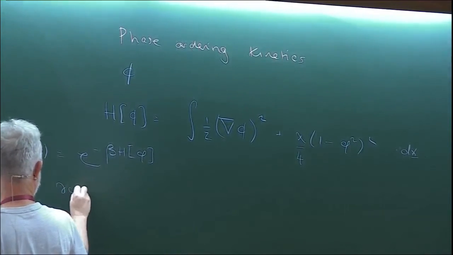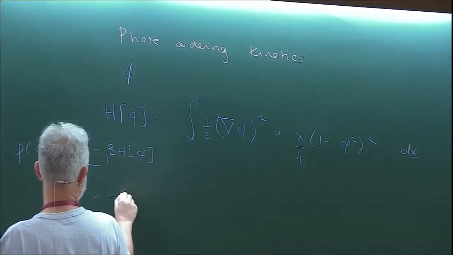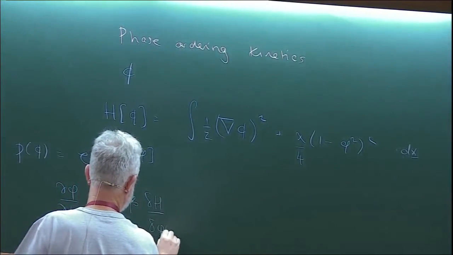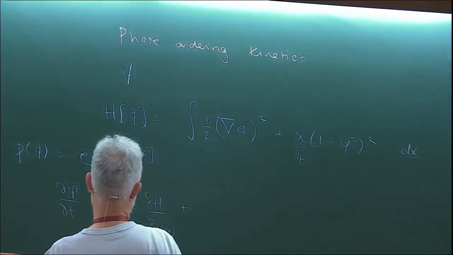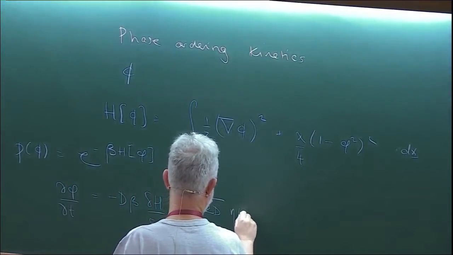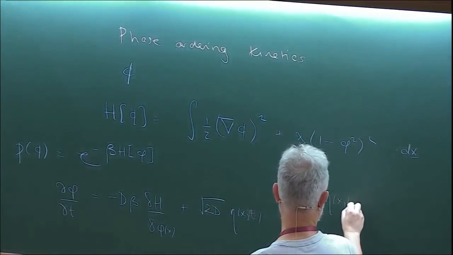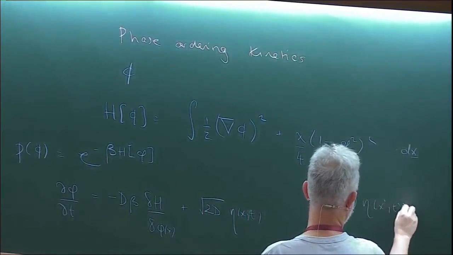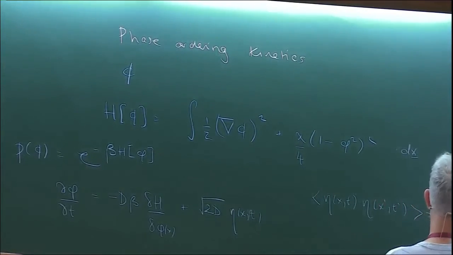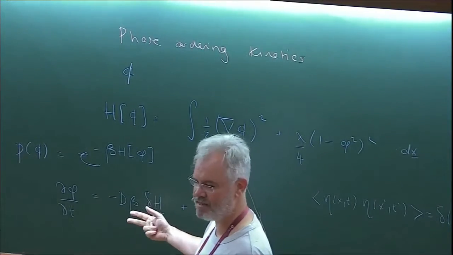So there's one type of dynamics: you would take d phi by dt equal to minus eta times D times the functional derivative dH by d phi of x, plus, so that I get things right, the square root of 2D times eta of x and t, just a scalar field here, where the average of eta of x, t and eta of x prime, t prime is equal to delta of t minus t prime, delta of x minus x prime.